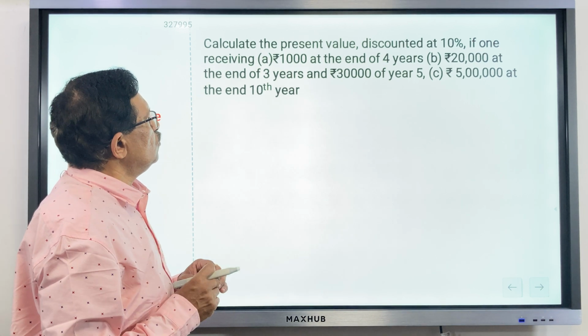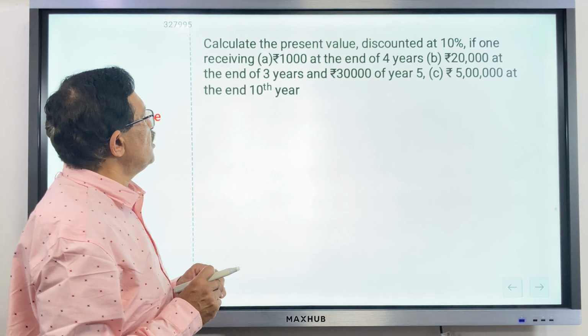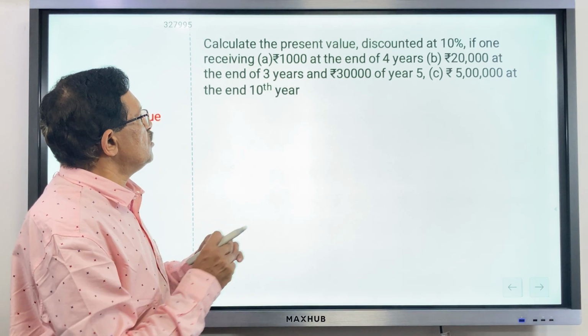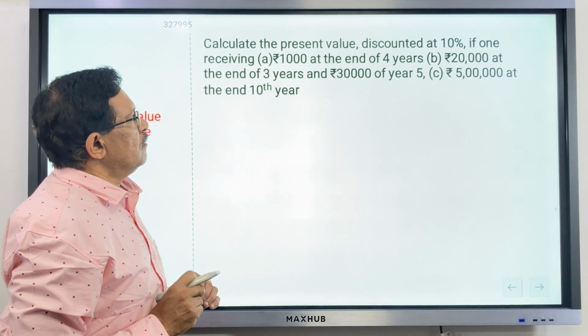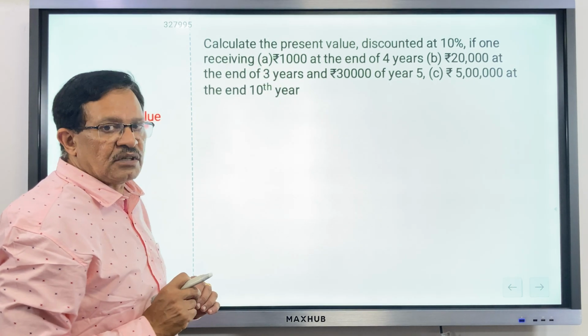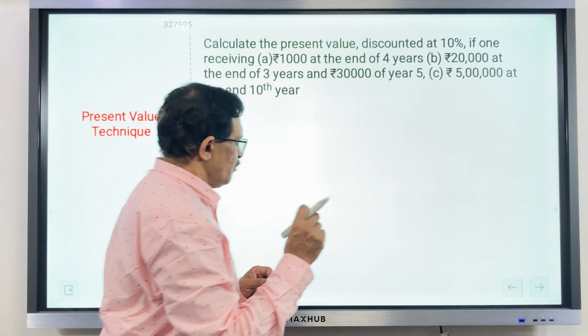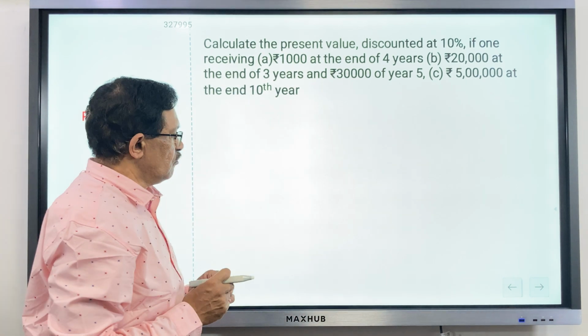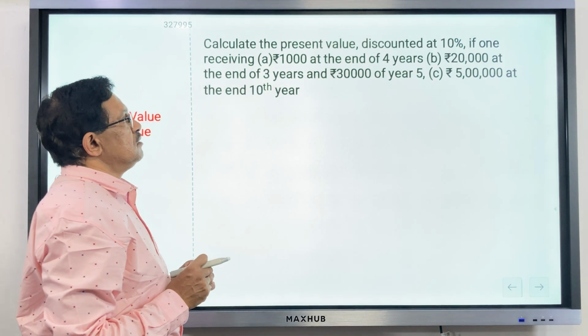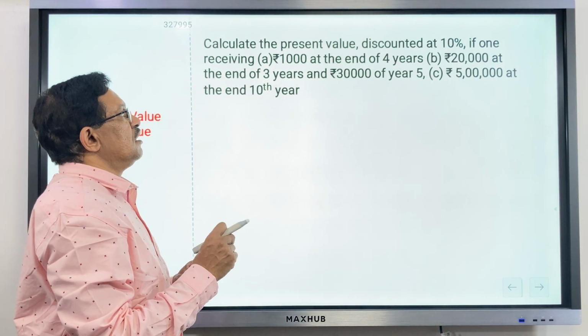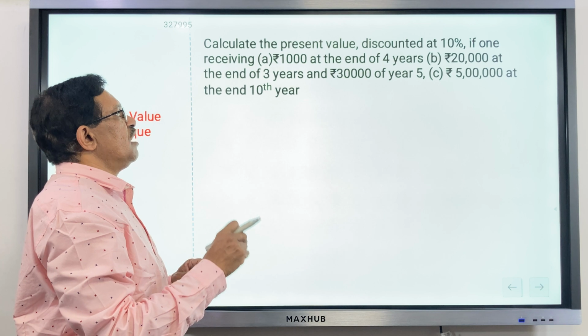So let us look at the first bit, wherein we need to find out what is the present value of rupees 1000, which is going to be received at the end of 4th year, when the discount factor is 10%. So remember this particular thing. I am moving to the tables to understand about the tables and also understand what will be the present value interest factor.